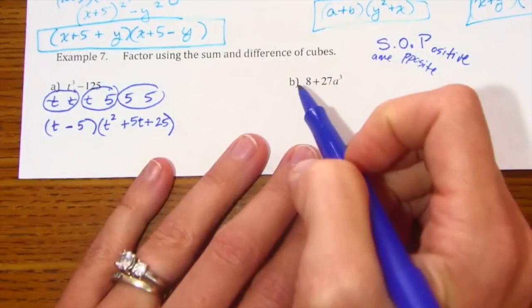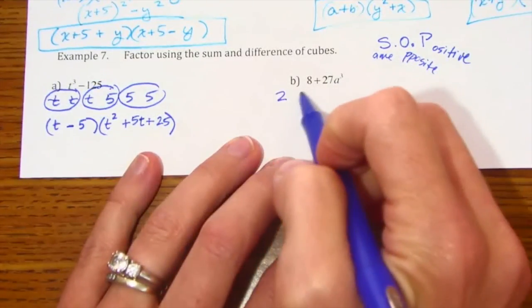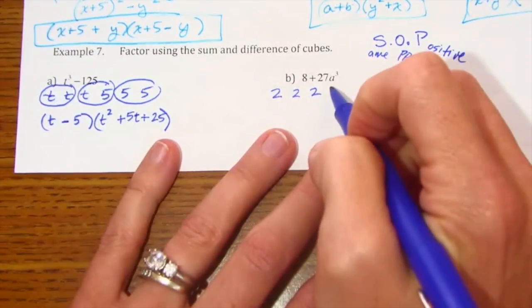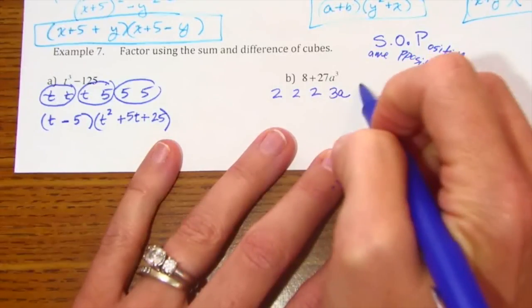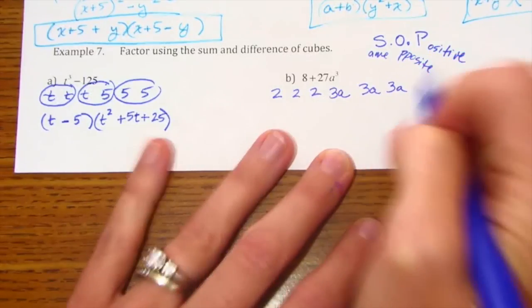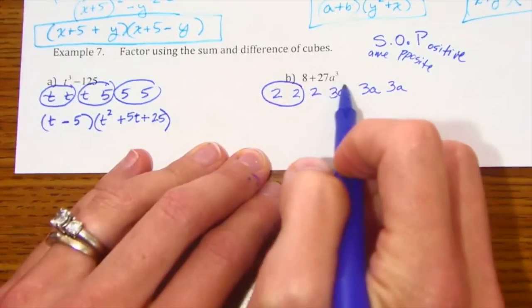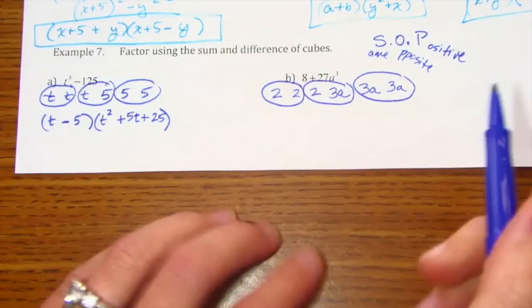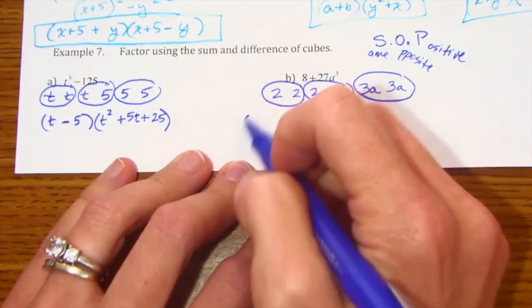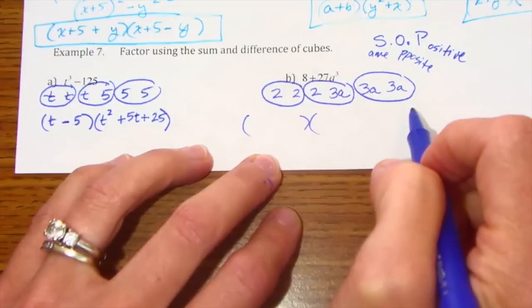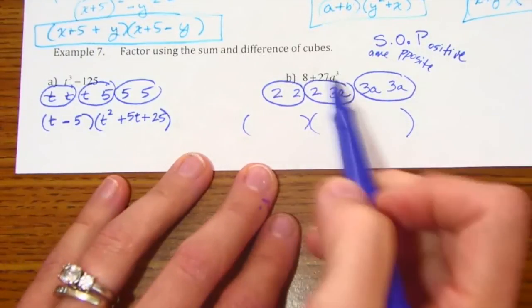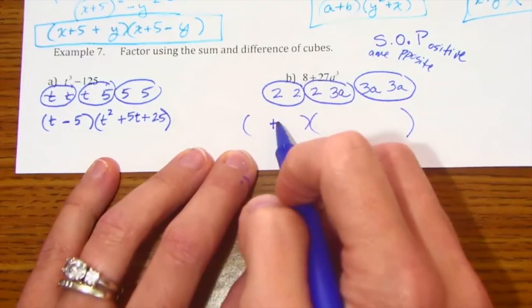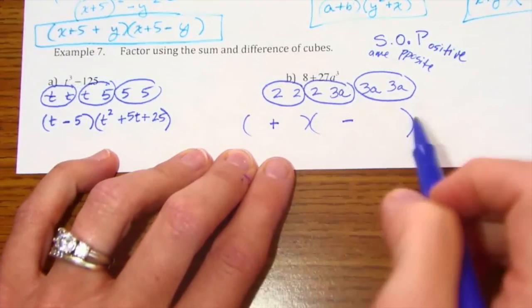All right, so let's do the same thing here. Cube root of 8: 2, 2, 2. Cube root of 27a cubed: 3a, 3a, 3a. You're going to circle the pairs, and then you're going to set up your binomial times your trinomial. So we have a binomial, we have a trinomial, and we already know the signs. This is a positive sign, so in here I'm going to have positive, negative, positive.